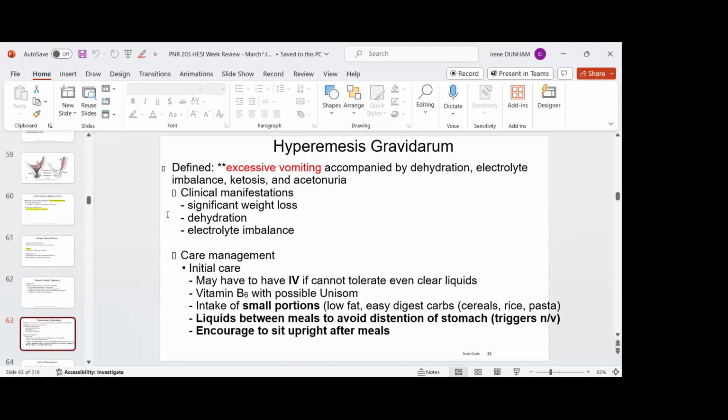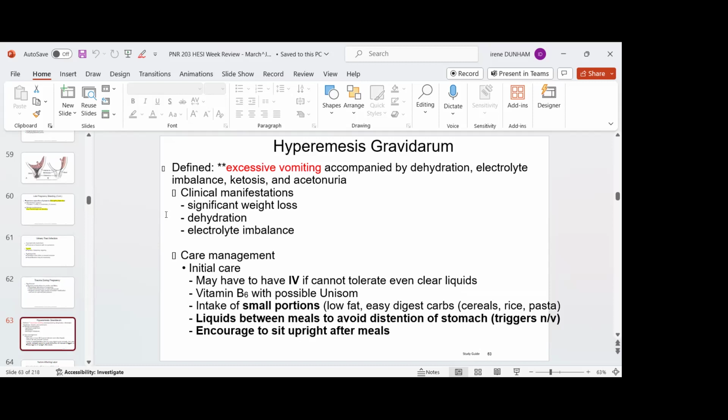Now, another condition called hyperemesis gravidarum. We talked about this a little bit already because we talked about nausea and vomiting. This one is excessive vomiting, and she gets really dehydrated, so you have a terrible electrolyte imbalance. She can get ketosis and actually have acetone in her urine.